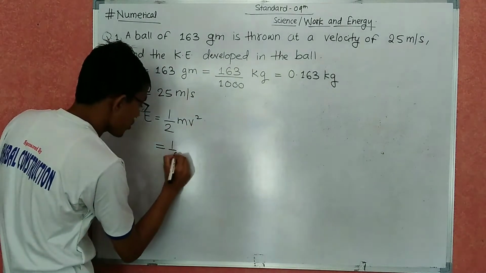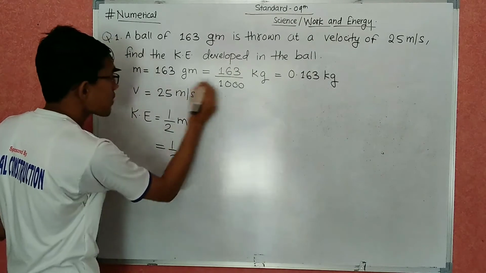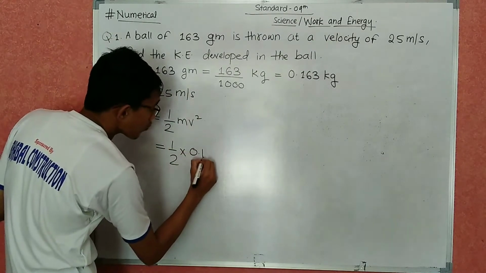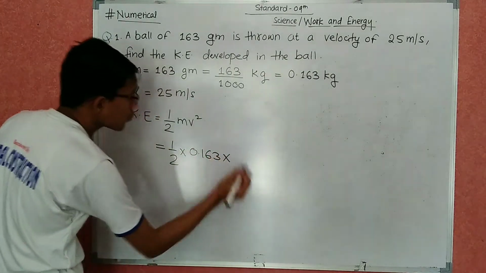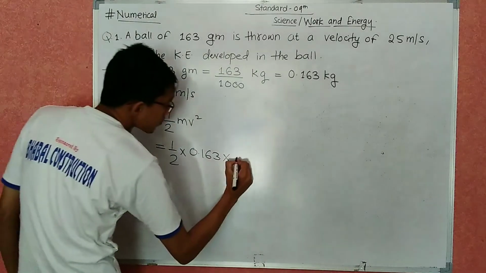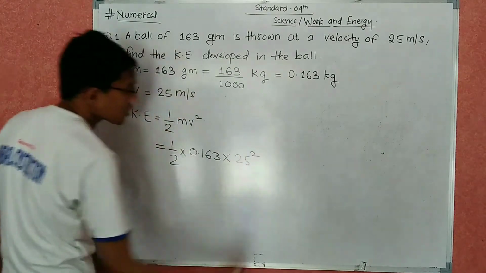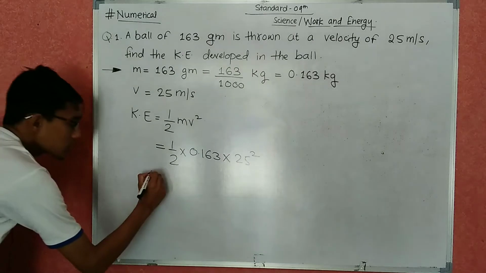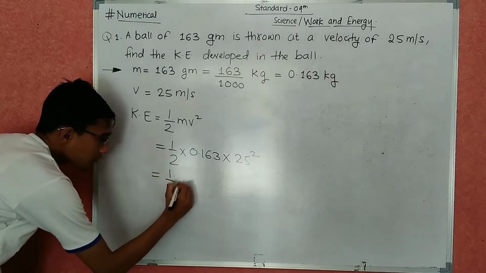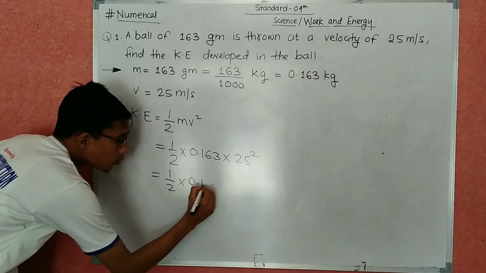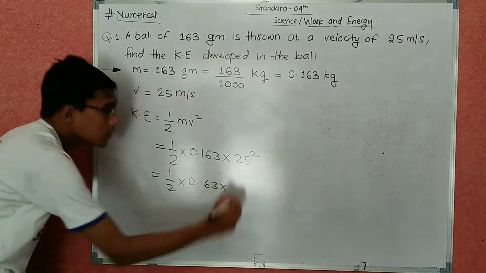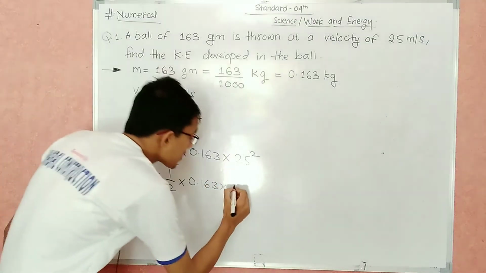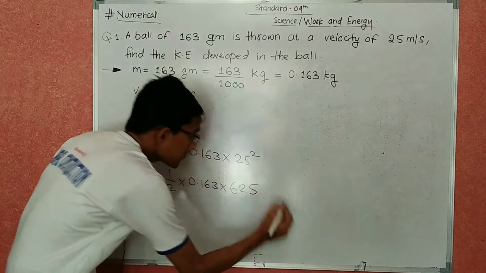So 1 upon 2 into the mass, 0.163, into the velocity 25, so 25 square. It will give us half into 0.163 into the square of 25, which is 625.